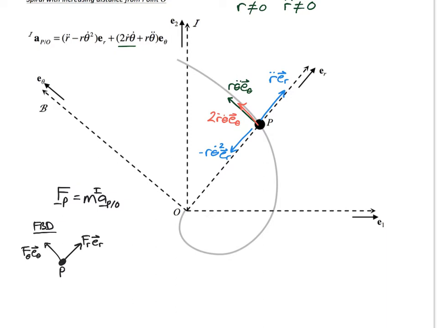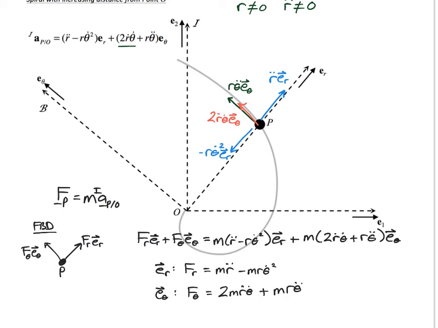Now let's insert the values from our free body diagram and our acceleration into Newton's second law. Solving for the coefficients in each of these directions, we get F sub r equal to m r double dot minus m r theta dot squared, and F sub theta equal to 2 m r dot theta dot plus m r theta double dot.